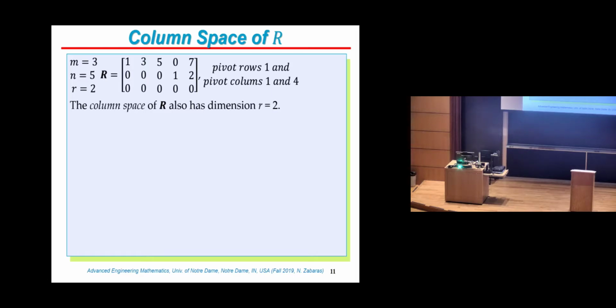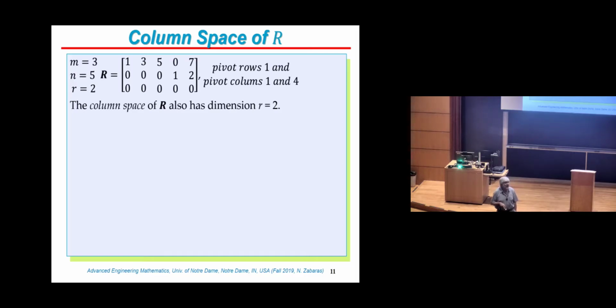So if you want to write down the two independent columns of A, the basis of the column space of A, what are you going to do in this example? You're going to take the first and the fourth column of which matrix? Of A. End of story.